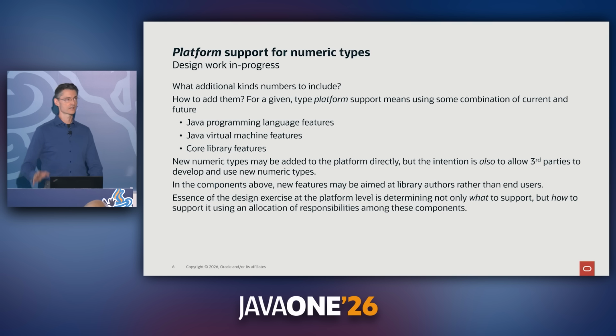And what combination of these three areas is necessary or best to support them? Besides adding new numeric types to the JDK, we also want to allow third-party developers, yourselves and other members of the community, to develop and use their own numeric types for your own applications. So that's the exercise, trying to see what allocation of responsibility in different areas would be best.